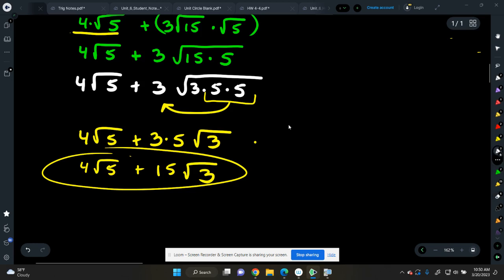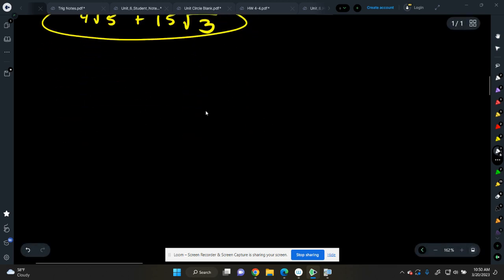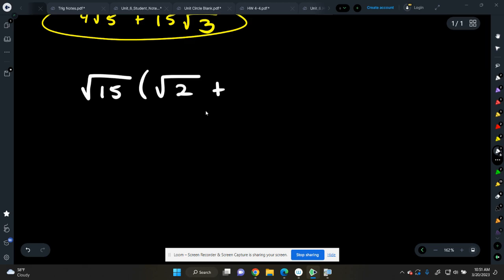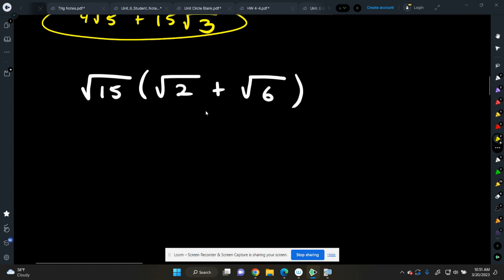Okay, let's look at another one. Let's do, how about this one? The square root of 15 times the square root of 2 plus the square root of 6. Okay, we're going to distribute again.